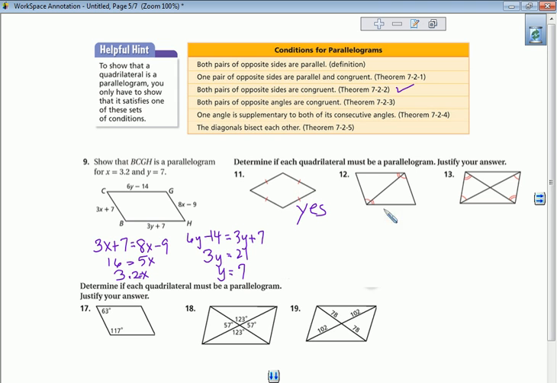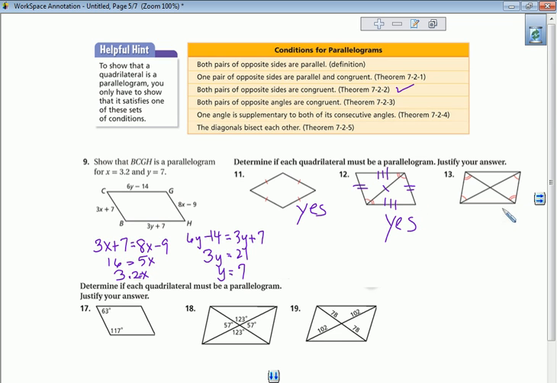Okay, let's look at this one. Now, did they give us one like this? No, but when we look at it, angle, side, angle, angle, side, angle. That shows congruent triangles. And with congruent triangles, we know that opposite sides must be congruent. Is that enough? Yes, it is.